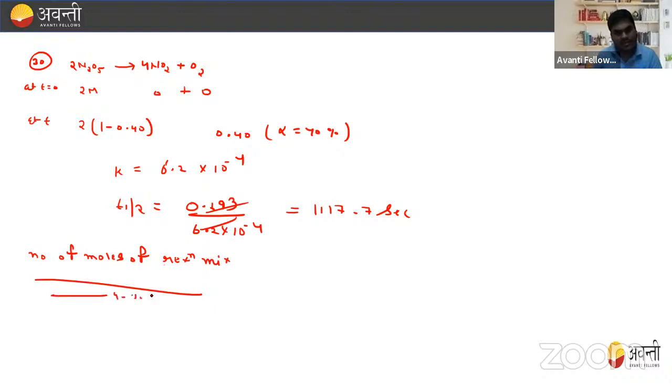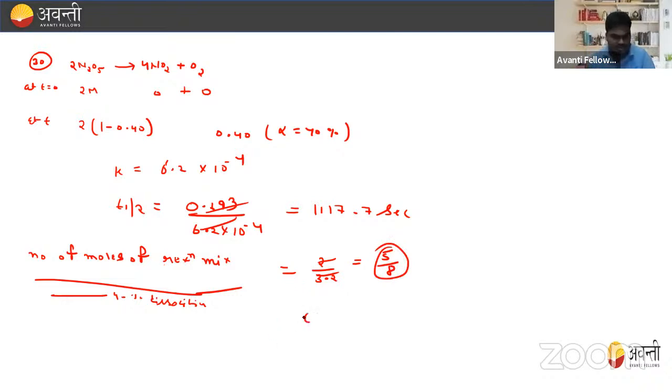So the ratio of the initial number of moles of reaction mix upon the total number of moles of reaction mix after 40% dissociation is equal to 2 upon 3.2, which is equal to 5 by 8.